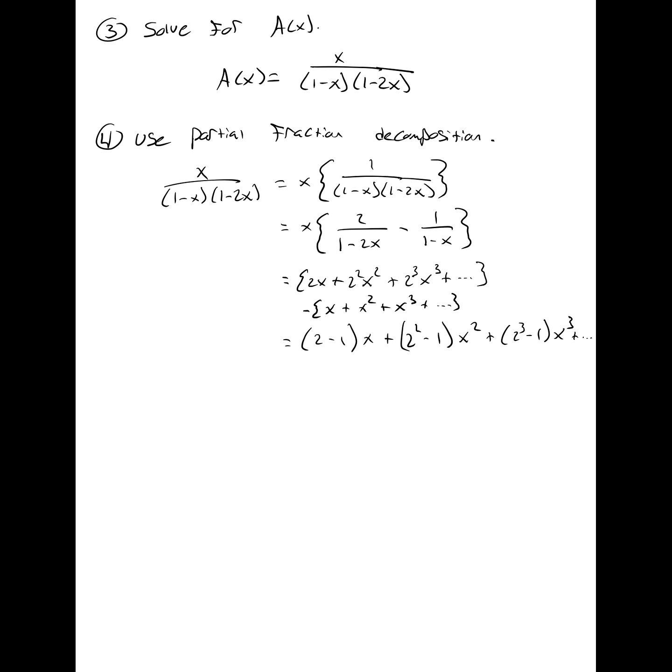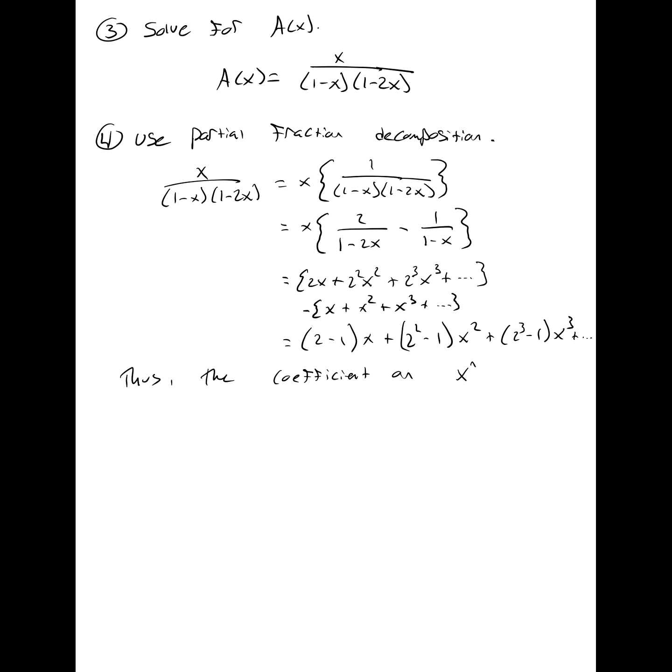So now it's actually clear that, thus, the coefficient on x to the n, for some n, well, the exponent on the 2 is matching the exponent on the x.